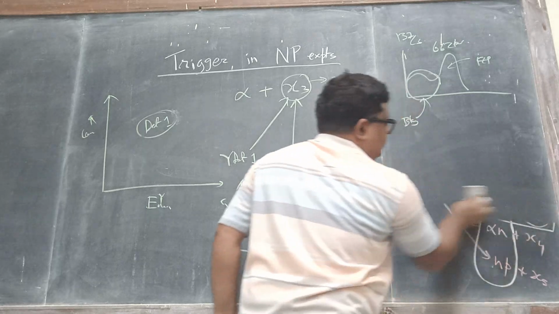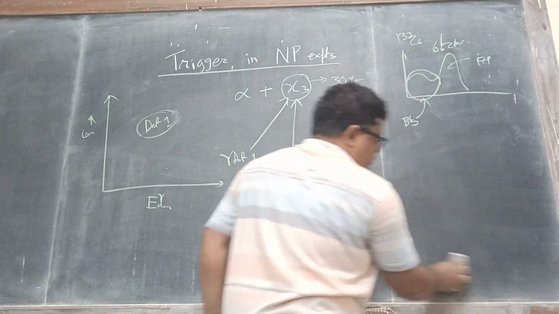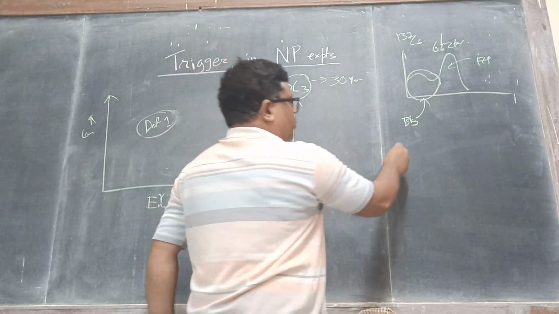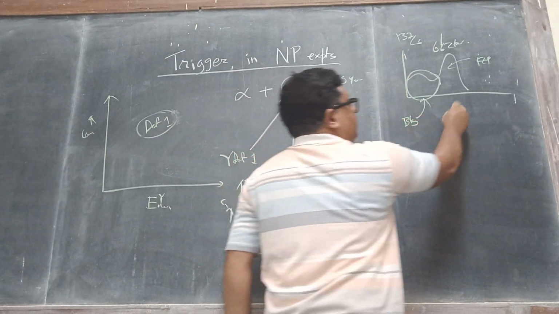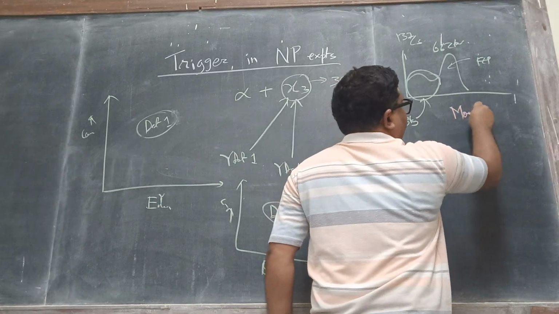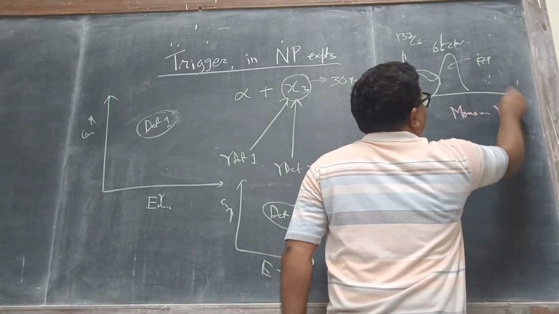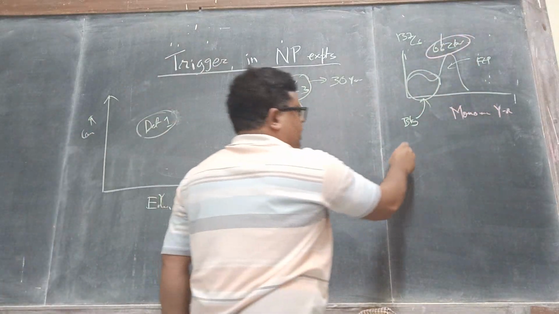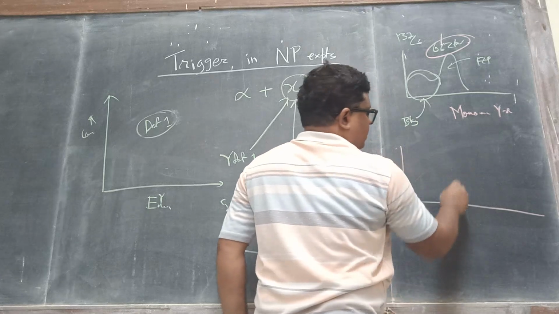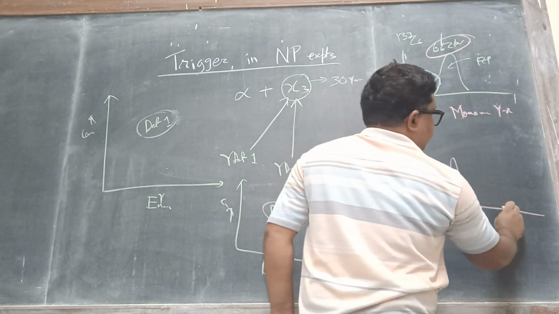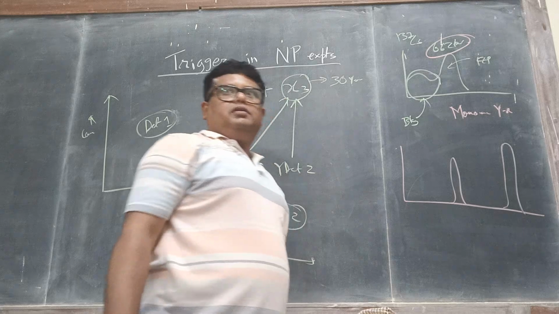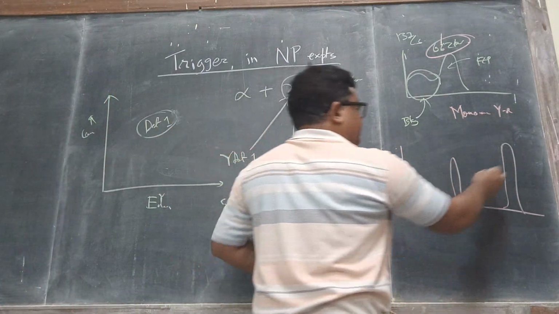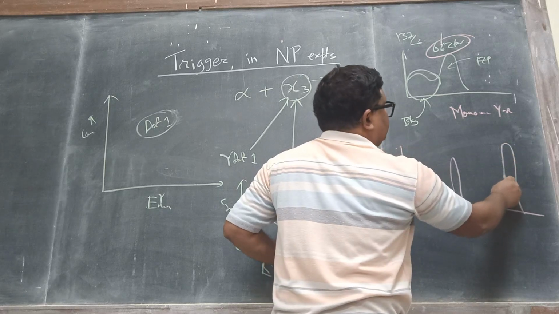The actual problem in experiments, I am going to talk about. The major problem is that this was just a monoenergetic gamma ray, only one gamma ray, 662. Suppose I have two gamma rays, one peak over here, another peak over here. What do you think you will get? Because of this peak, you will get something like this.